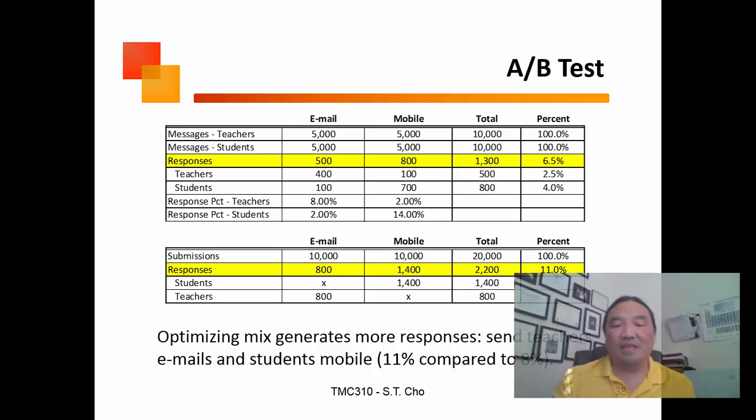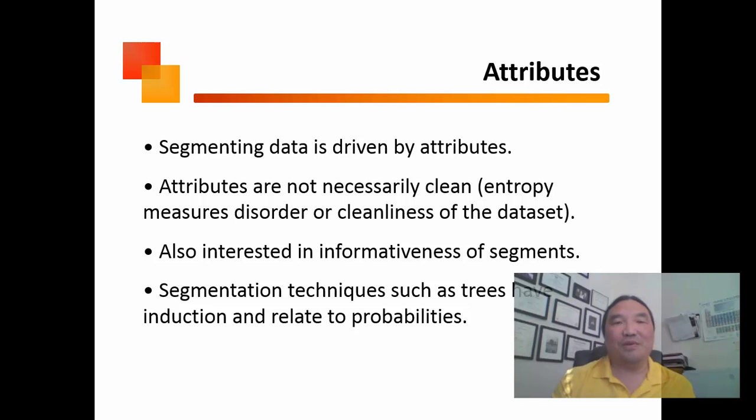Those are the types of things that A/B testing can do for you. And actually A/B testing is all automated. That's why I haven't shown you any math. When you use these systems, whether it's Google Analytics or whatever, it's already built in there. But now you understand what it's about.